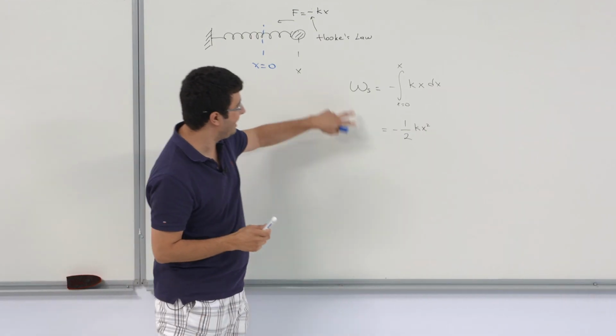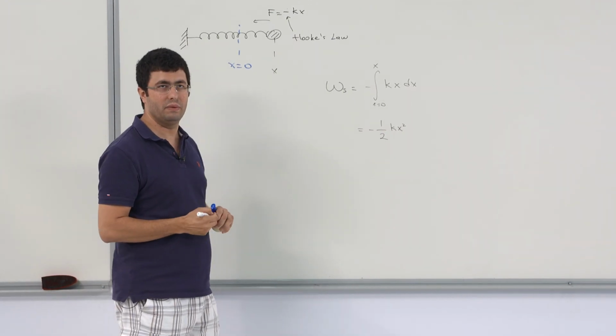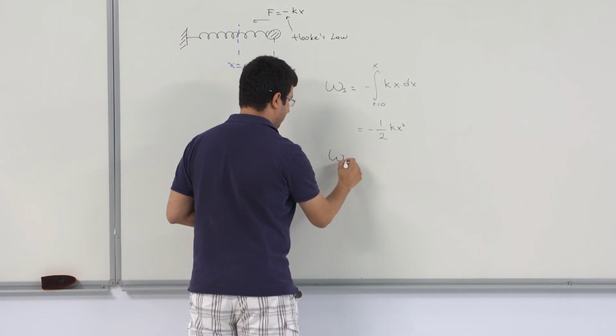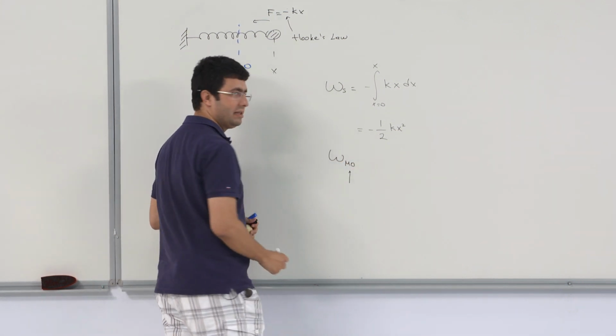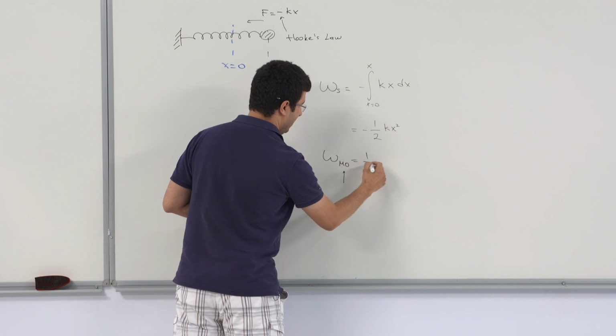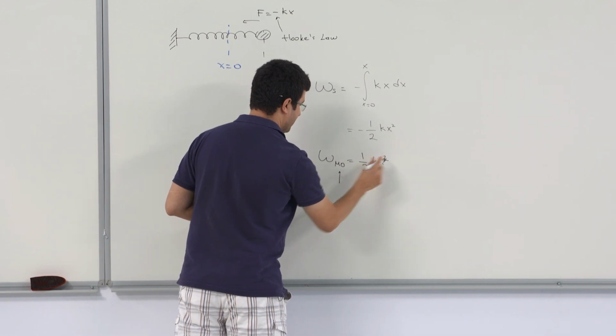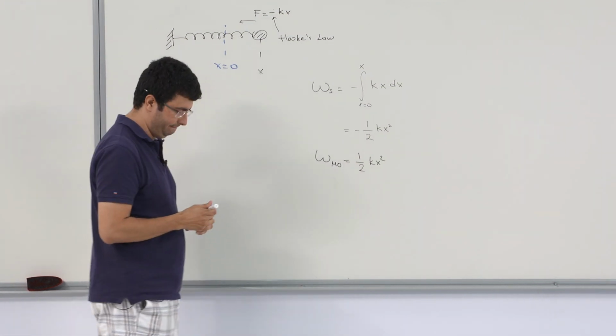So that's the work that's done by the spring, which means that the work that's done by me, that's my initials, and this is a half k times x squared.